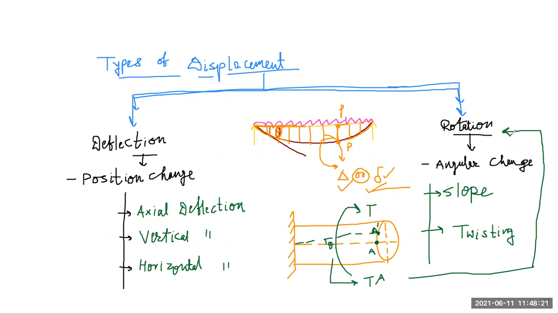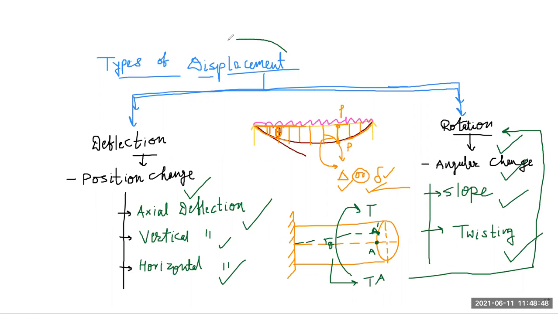Deflection is your position change. Position change may be axial position change, vertical position change, horizontal position change. Next, your displacement may be rotational change, that means slope change or theta change due to twisting moment. So basically these are all displacements.